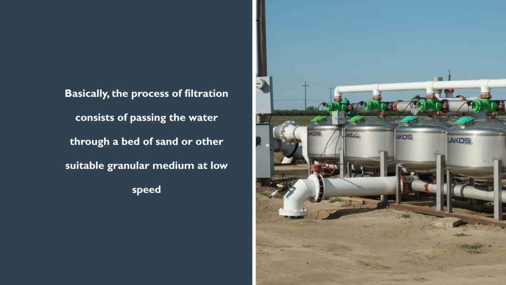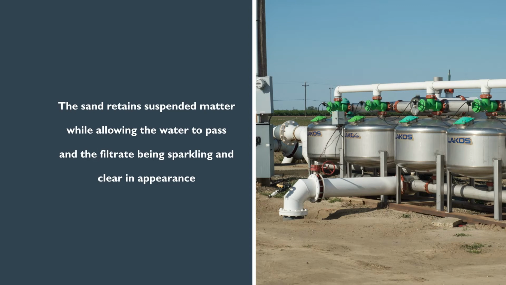Basically, the process of filtration consists of passing the water through a bed of sand or other suitable granular medium at low speed. The sand retains suspended matter while allowing the water to pass, and the filtrate is sparkling and clear in appearance.